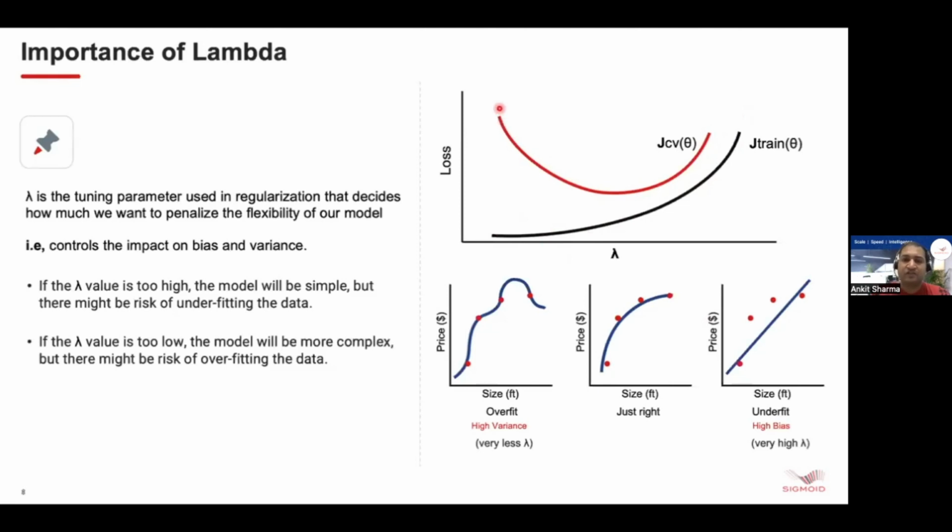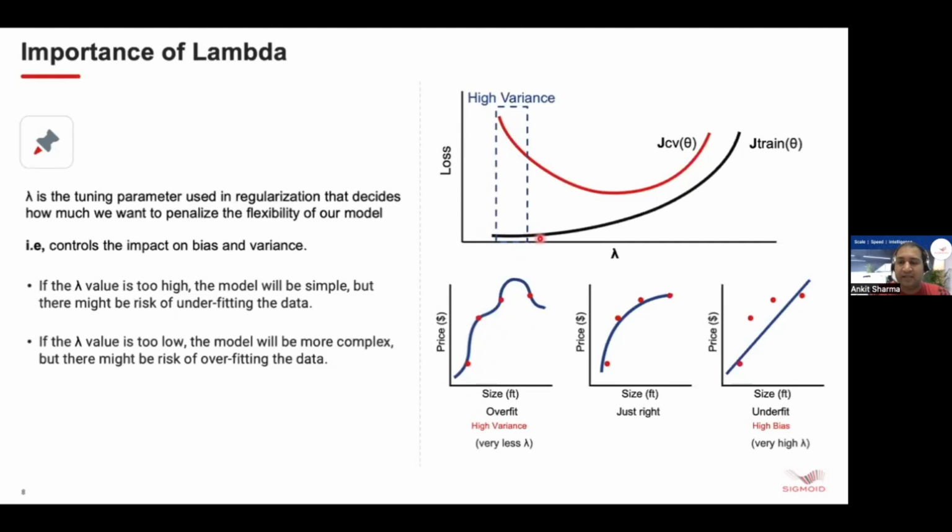This scenario is called the high variance scenario, and your model is overfitting, which can be seen from this graph. Here the red dotted points represent your actual data points and blue is your fitted model. Your blue line is passing through each of the data points, so this is called overfitting or high variance, and this happens when you have a very small value of lambda.